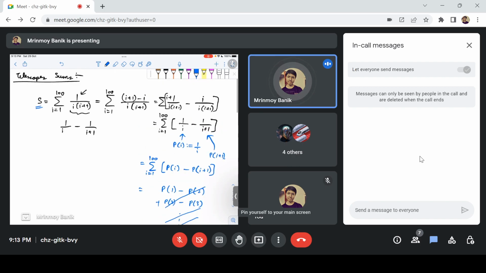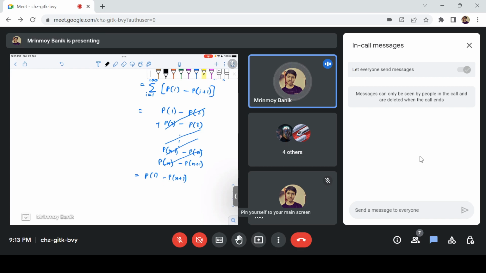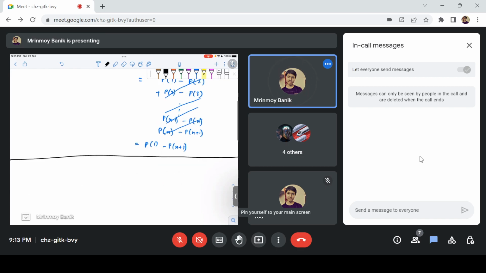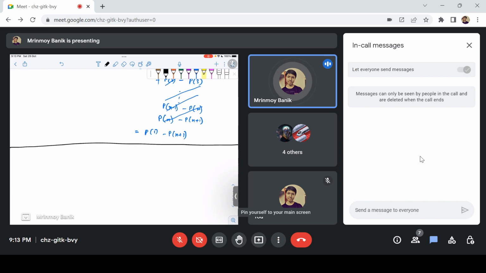This was simple in this case, but in other cases, it might not be this simple. So let's go through a few cases. Question one.